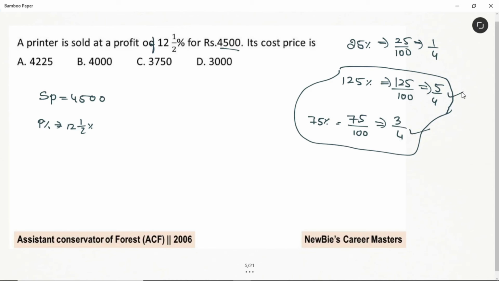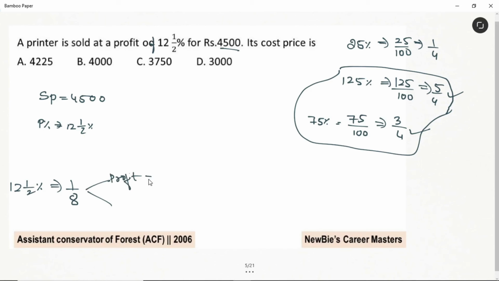Am I clear? Similarly for 12.5%, the fraction value is 1 by 8. You should learn these fraction values. Now it is given as 12.5% profit.